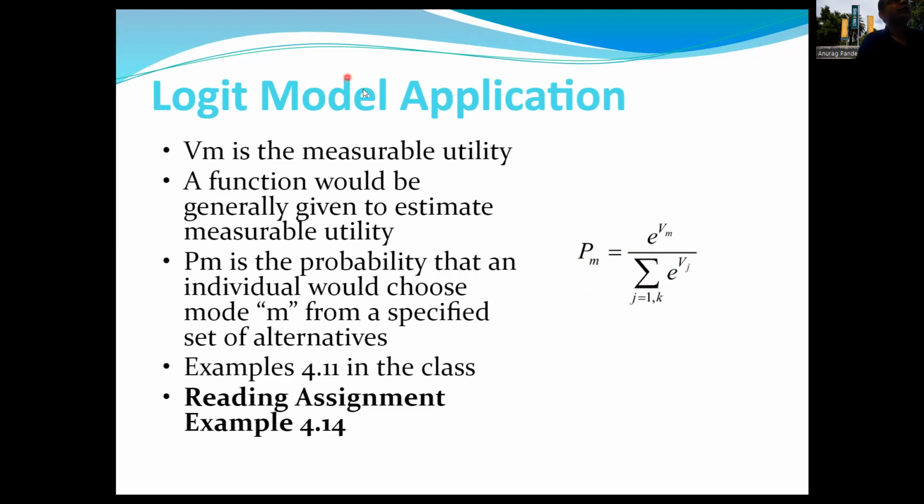Now let's say you did all this work and then your P auto, the probability of choosing auto mode, came out to be, let's just say 0.72, and P bus came out to be 0.19, and P bike, bicycle, just as an example, came out to be 0.09.